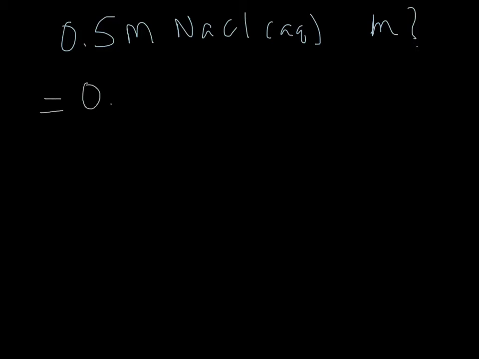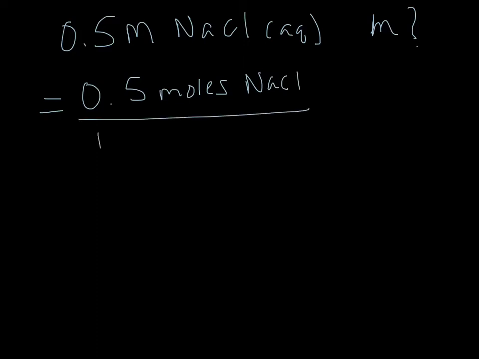So let's say that we have a 0.5 molar solution of NaCl aqueous, okay? And we want to know what is the molality of that solution. So first we got to think about what that means. We have 0.5 moles of NaCl per 1 liter of solution. So our top part is fine. We're still going to be looking for moles of NaCl, but the bottom part is the solution.